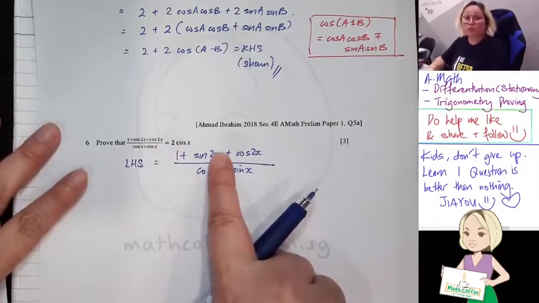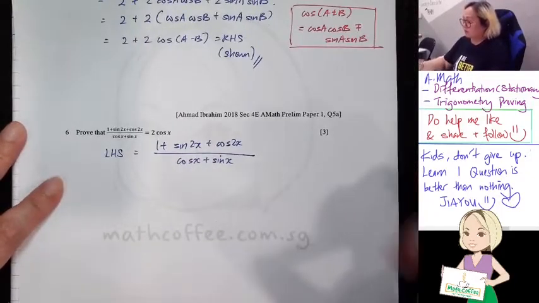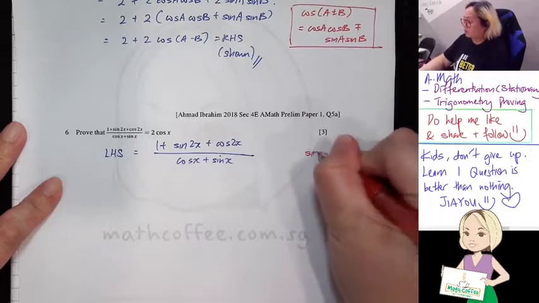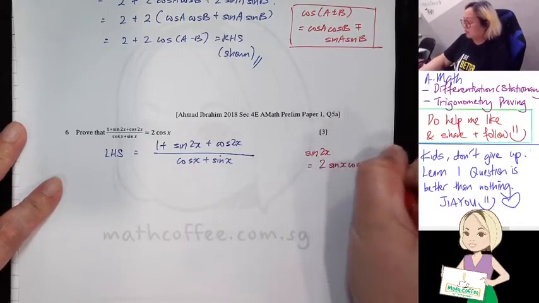For sine 2x, there are no other ways to change; you only have one formula. We know that sine 2x gives us 2 sine x cosine x.